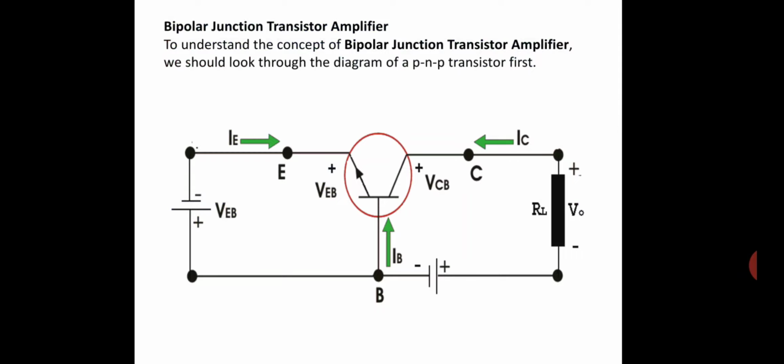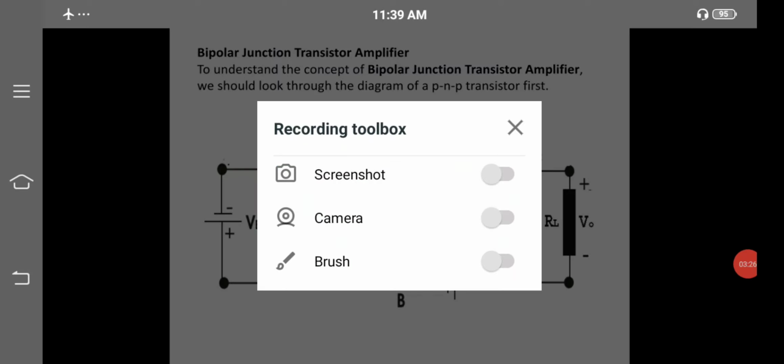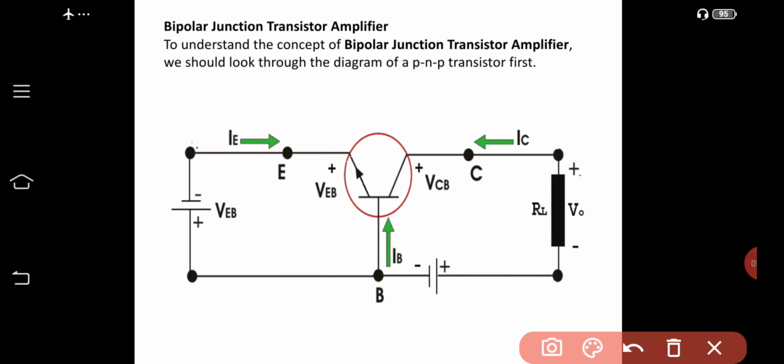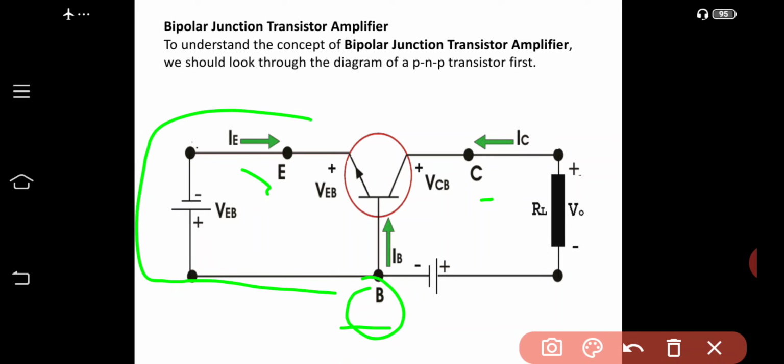Emitter, base and collector. Base is connected between the input with the emitter, and base is connected with the collector at the output.